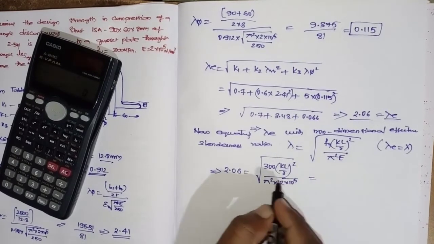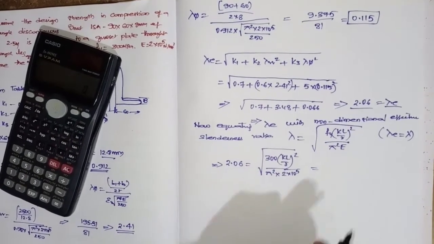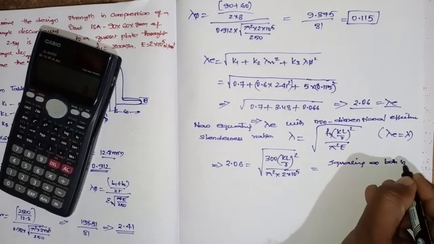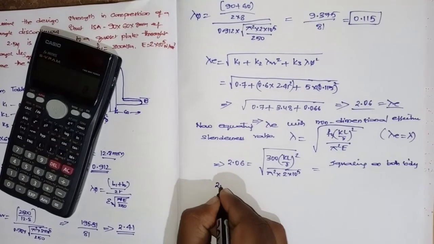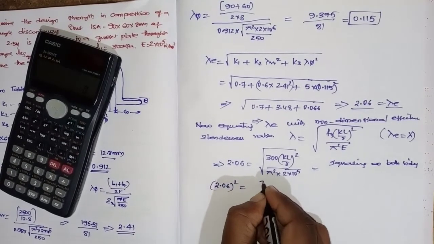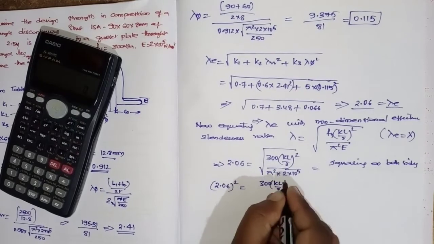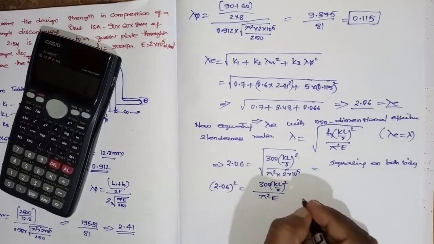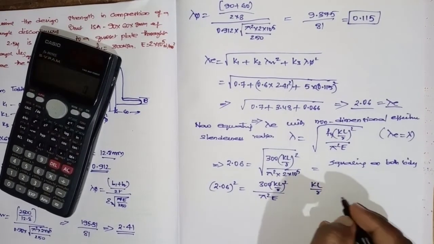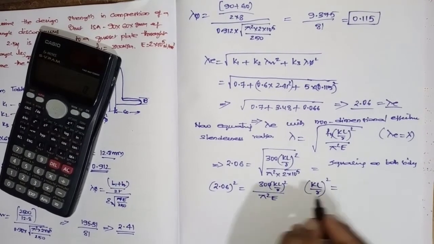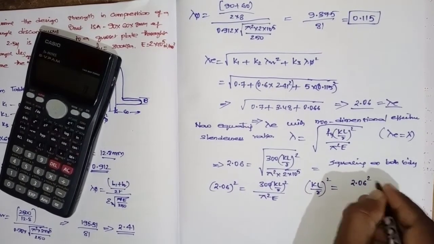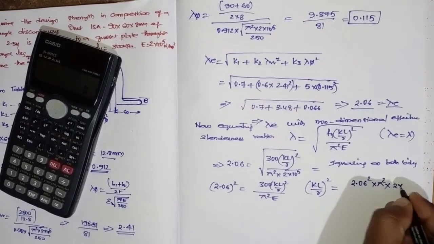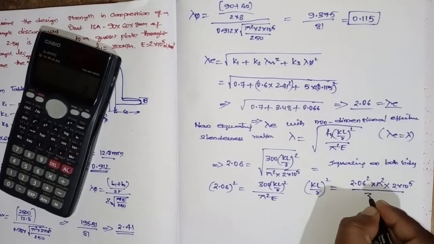Before solving, we'll do squaring on both sides. While doing squaring on both sides, 2.06 square equals 300 into KL by R square by pi square E. Now KL by R square equals 2.06 square into pi square into E, cross multiplication, 2 into 10 power 5 divided by 300.